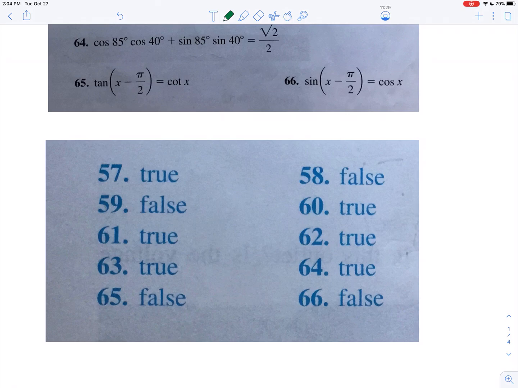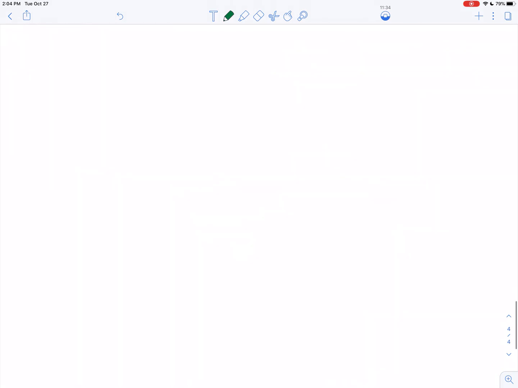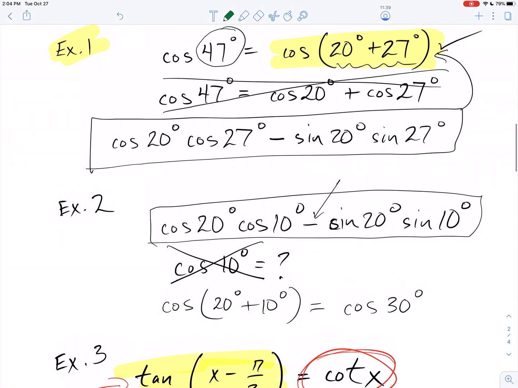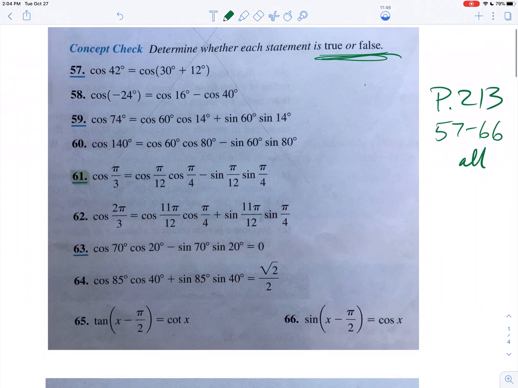So pause it, take a picture of it. And then the other part of the assignment is just on the bottom of that same page. So let me just write it here. Right here, this part is true, false.